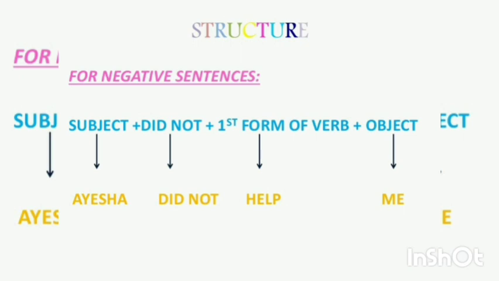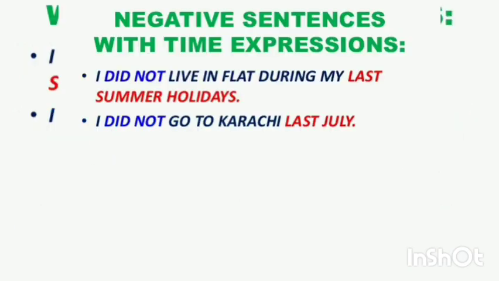Here you need to understand that after the auxiliary verb, you have to use the first form of the main verb. Some more examples, negative sentences with time expressions. Just have a look. I didn't live in a flat during my last summer holidays. I didn't or I did not go to Karachi last July.